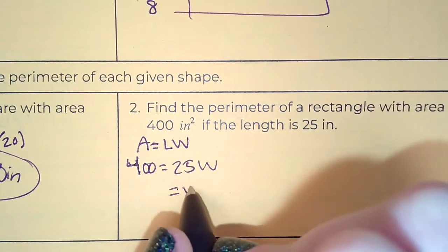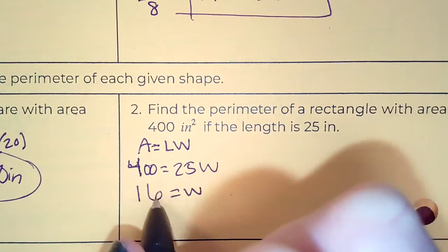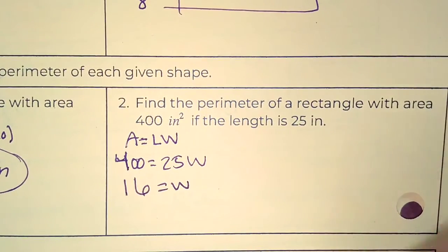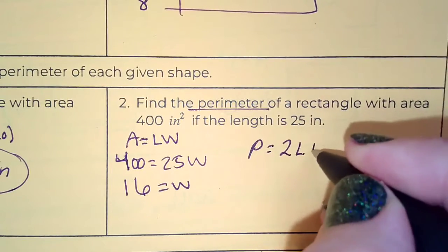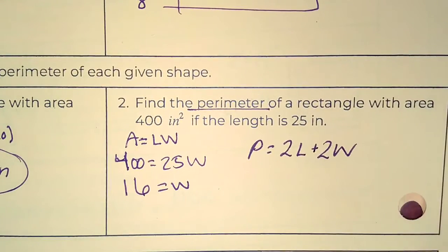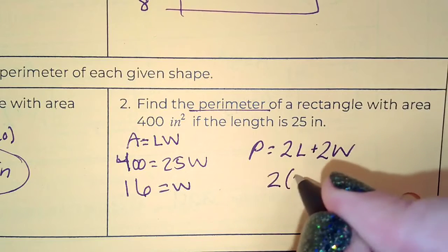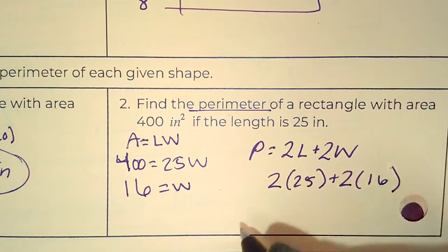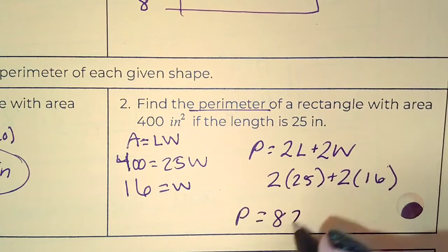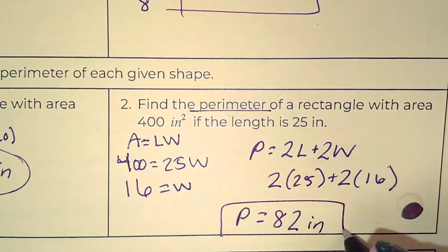Divide by 25, so W is 16. Find the perimeter, so perimeter equals 2 times length plus 2 times width. So 2 times 25 plus 2 times 16. Perimeter is 82 inches.